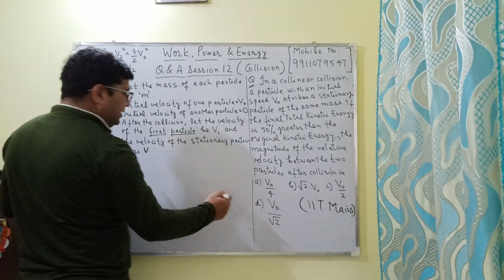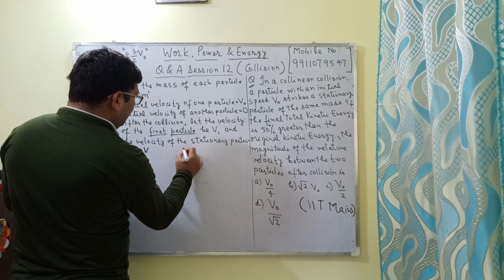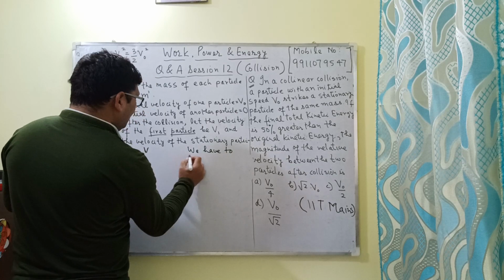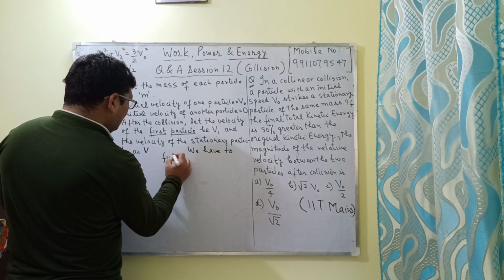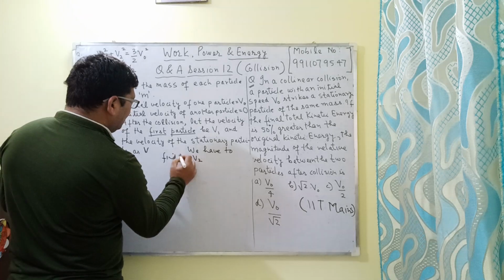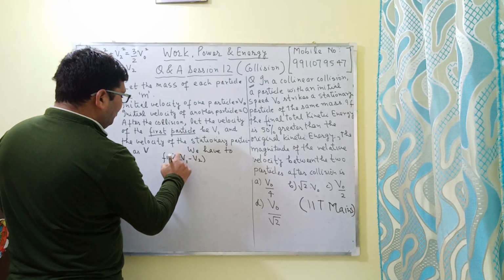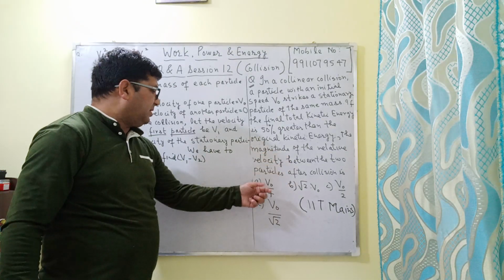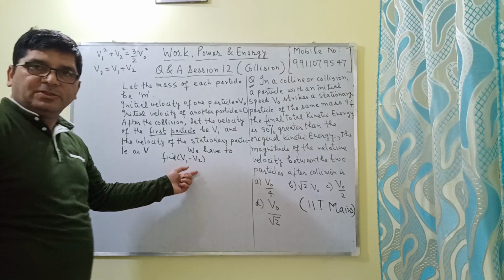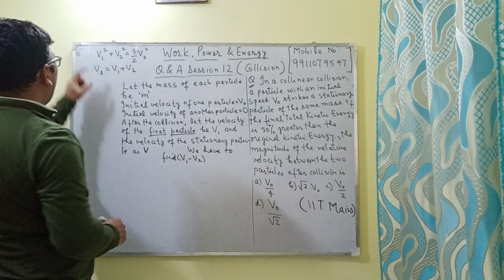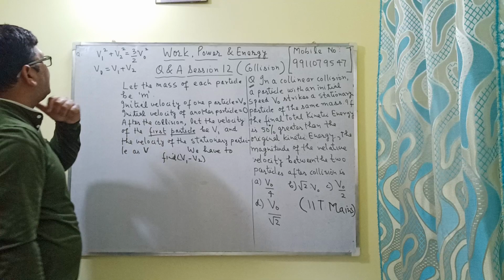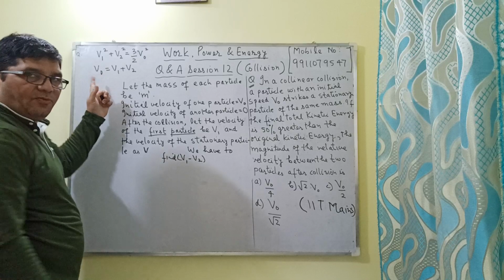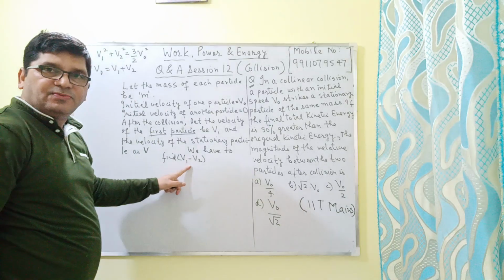That is, we have to find v1 minus v2, because v1 minus v2 is the relative velocity between the two particles after the collision. From these two equations we have to find the value of v1 minus v2.